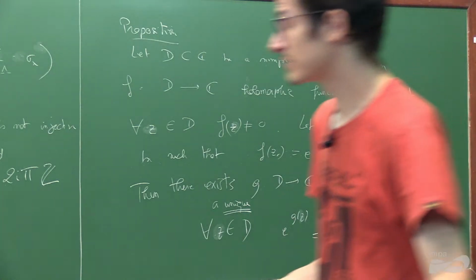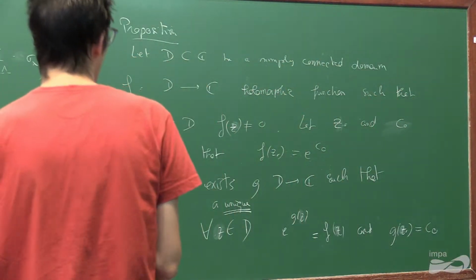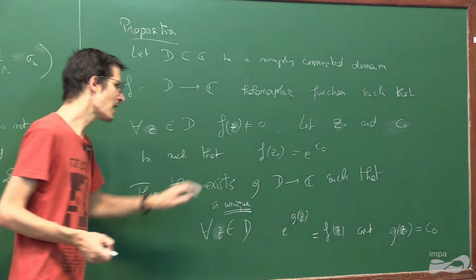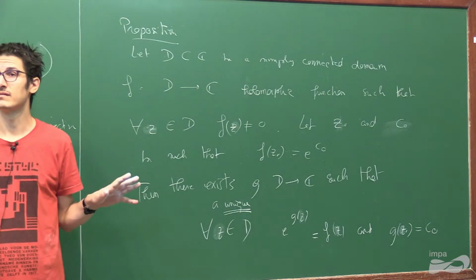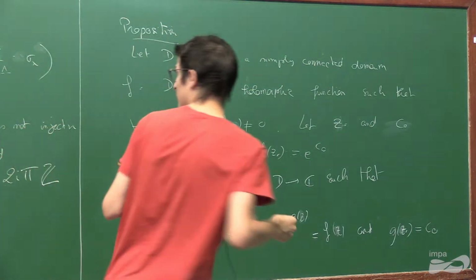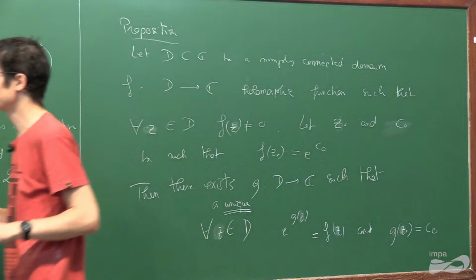Okay, so the idea is that you can take the log of f of z as soon as f is defined on a simply connected domain and doesn't cancel on it. Okay, and how do you make such a construction?